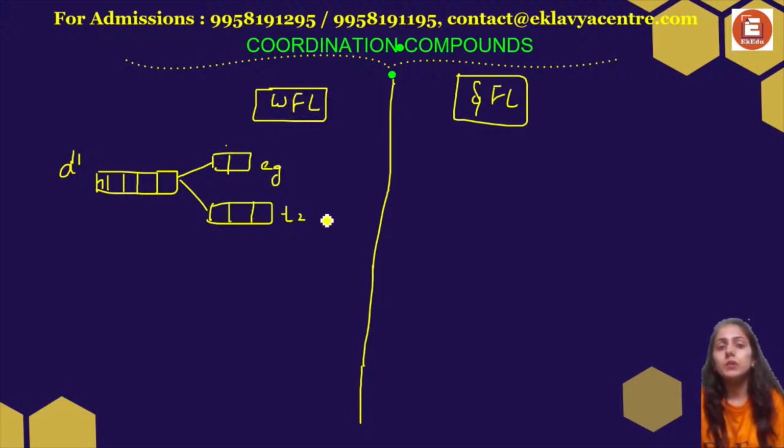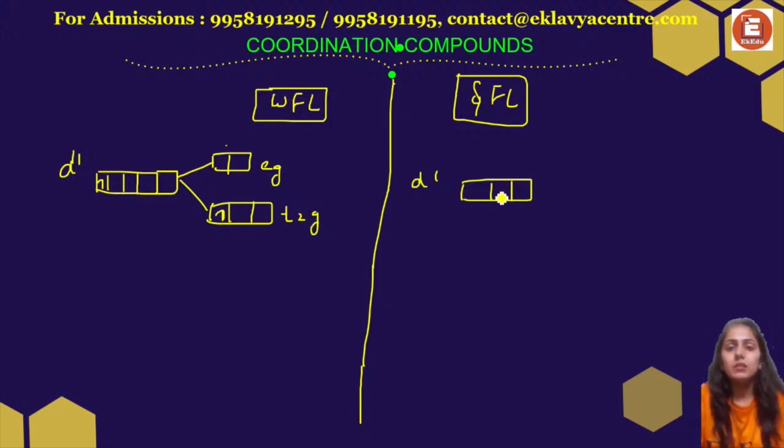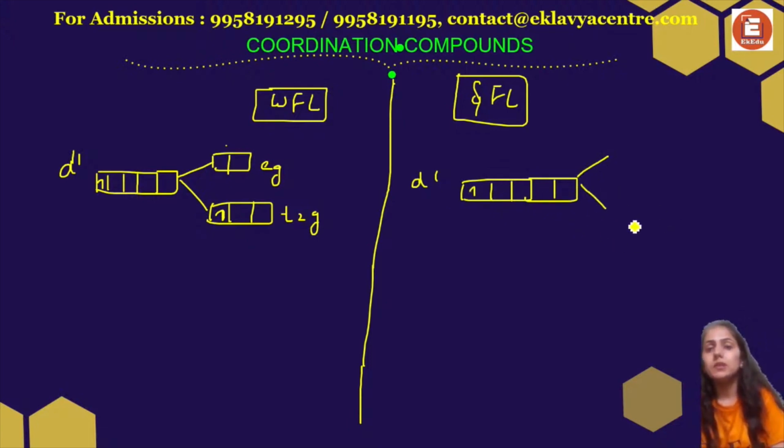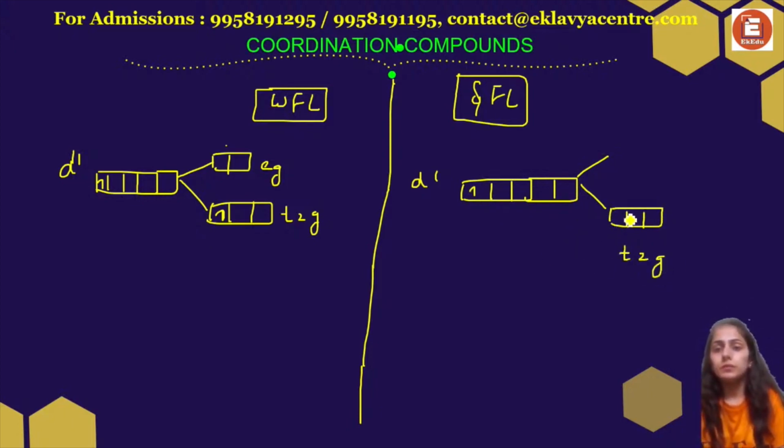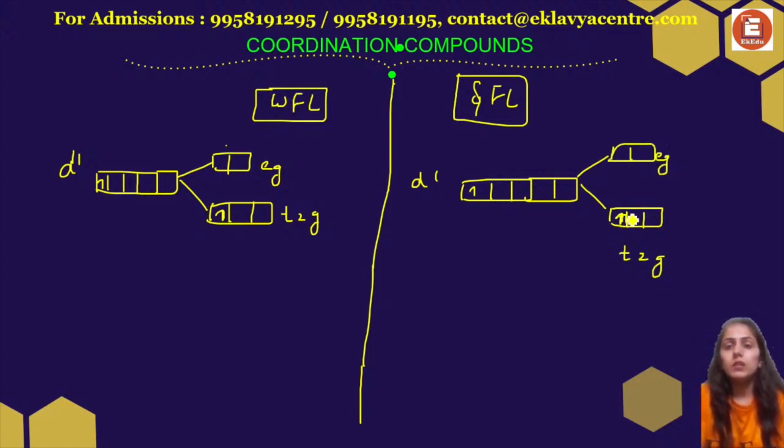In both cases, the diagram will be the same, even for a strong field ligand, because we have only 1 electron present. So this is T2g, and this is Eg, empty.